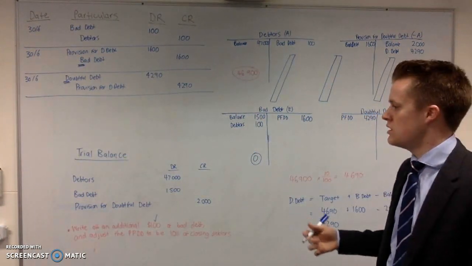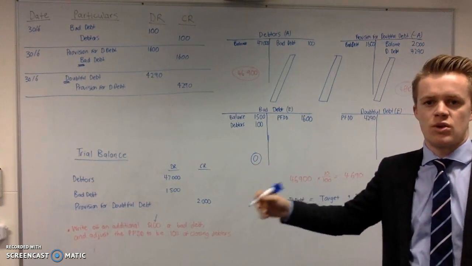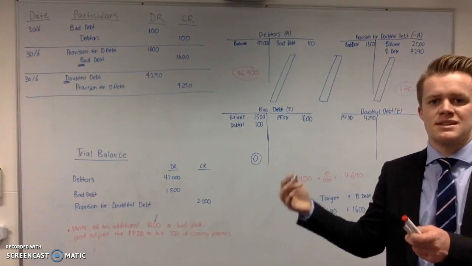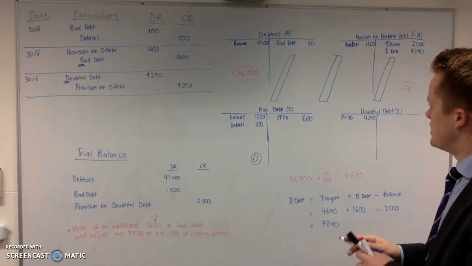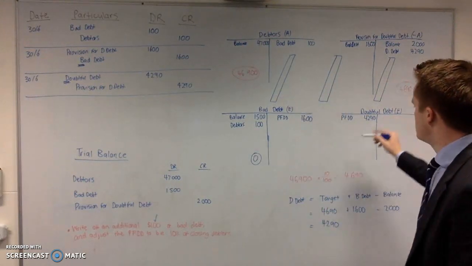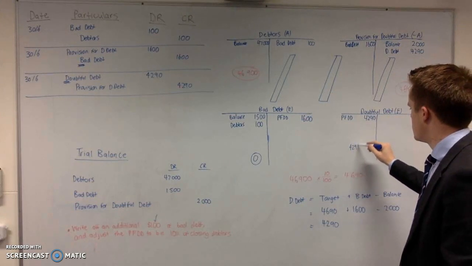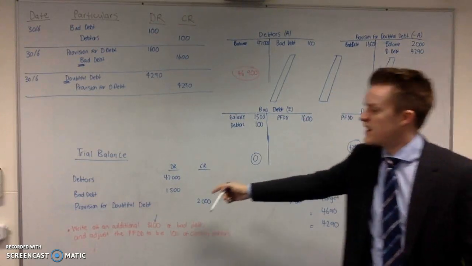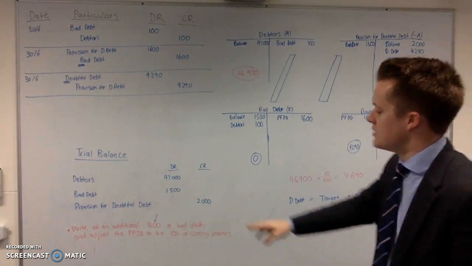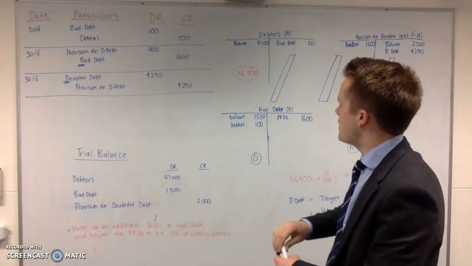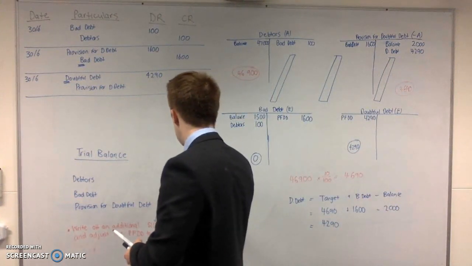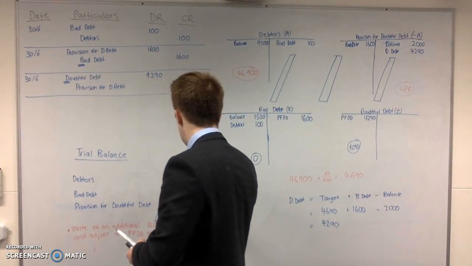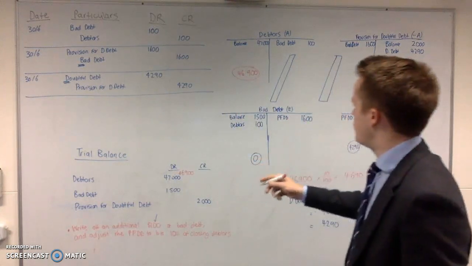Last thing I'll do is actually adjust the trial balance or add in new accounts. Because when we're doing the statements, we're going to need those correct figures. So it's a matter of just going to our accounts and adjusting these figures to be the correct balances. So debtors, we know that now is 46,900. Bad debt, what's the balance for that?